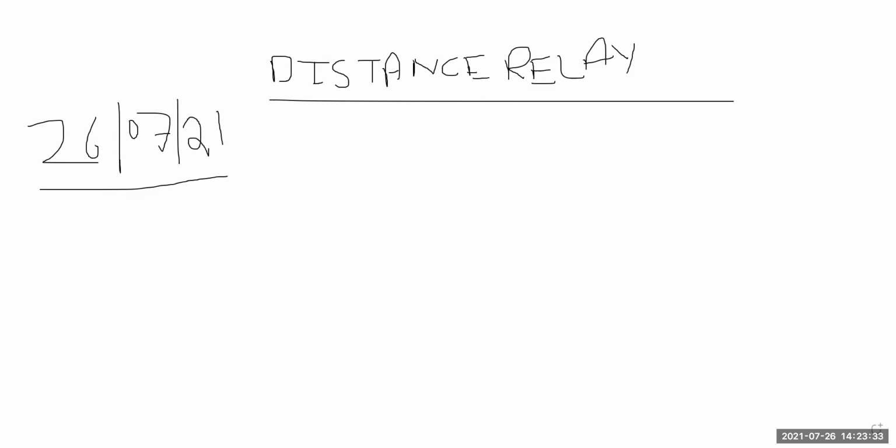Now, if you want to learn a few more things about distance relay theory, I could also tell you about the drawbacks. The major necessity, or why it is required: the requirement of the distance relay has occurred because there are a few drawbacks in the other relays like overcurrent relays.